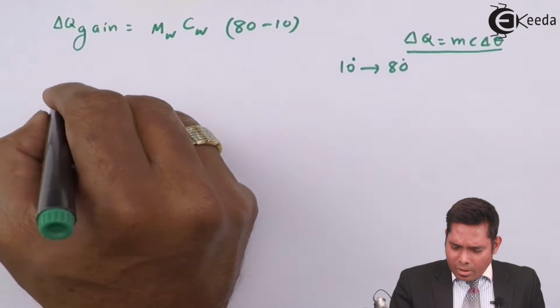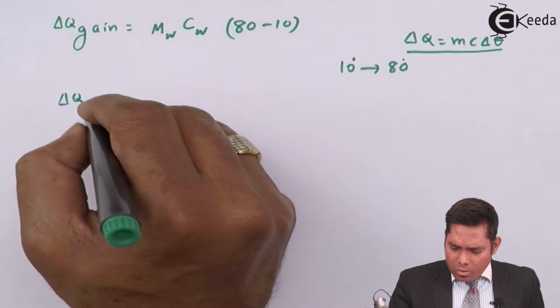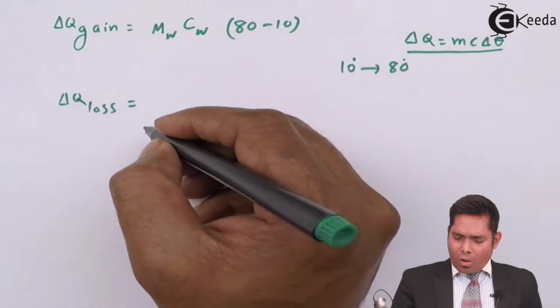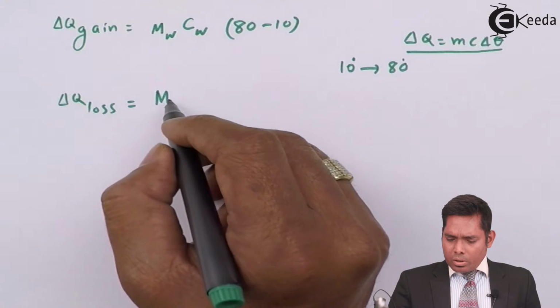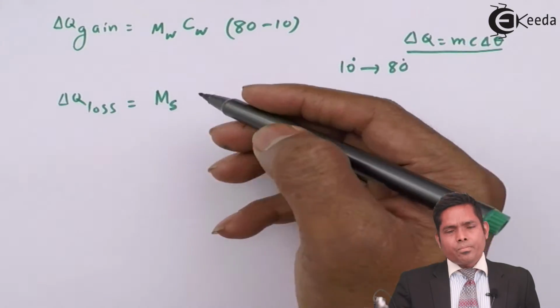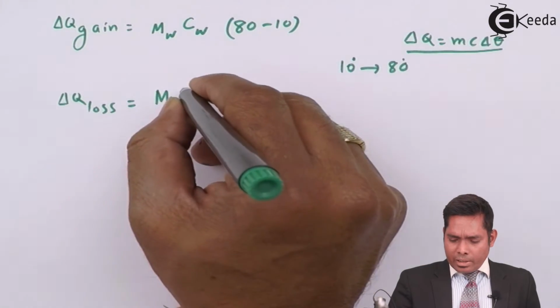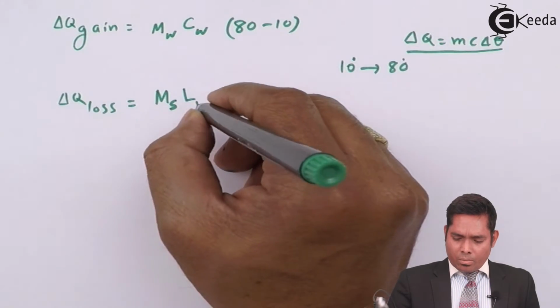And what is the heat loss? Heat loss is the mass of the steam and the latent heat of vaporization of the steam.